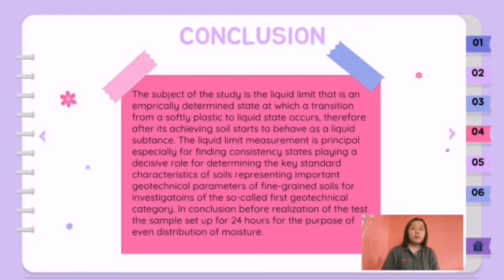The liquid limit measurement is principal especially for finding consistency states, playing a decisive role for determining the key standard characteristics of soils, representing important geotechnical parameters of fine-grained soils for investigation of the so-called first geotechnical category.